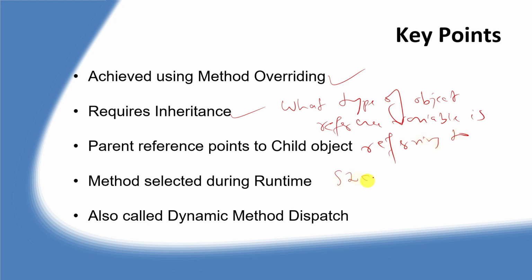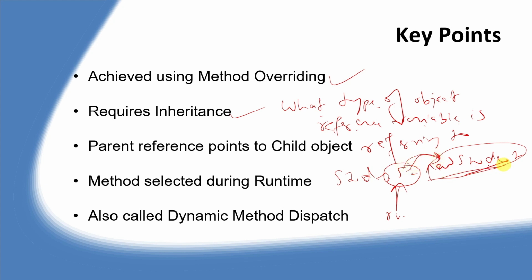Let's say Student s = new Student. So s is a reference variable, and this is the object. The reference variable is referring to a Student class object. Why object? Because of new. So the Student class method will get called. That's how method binding happens during runtime.